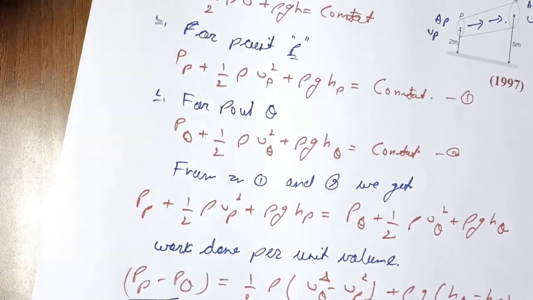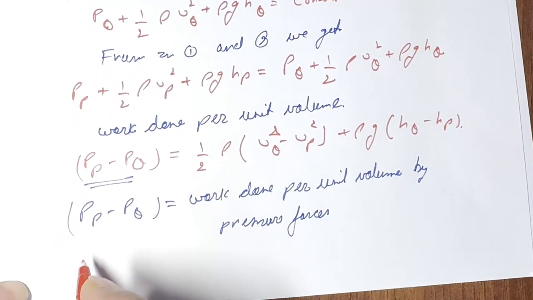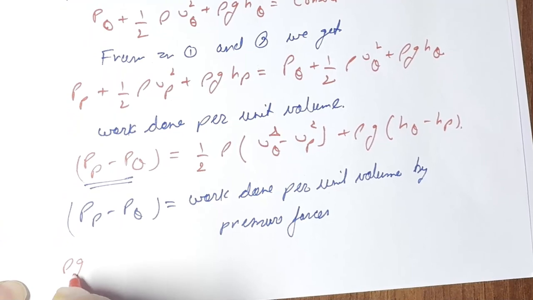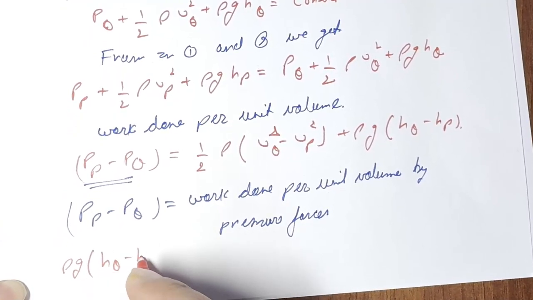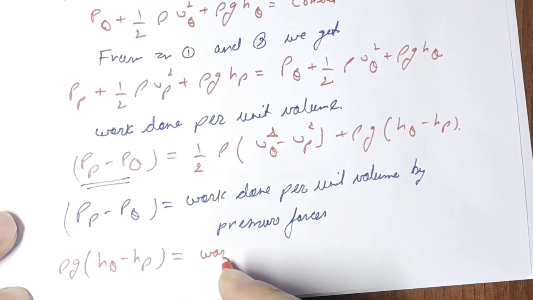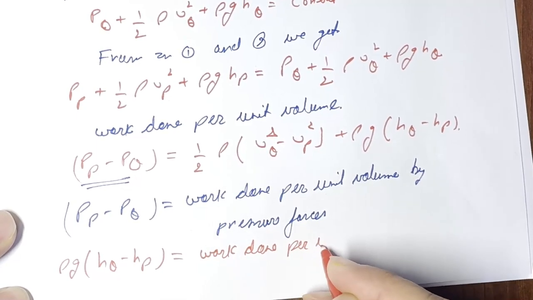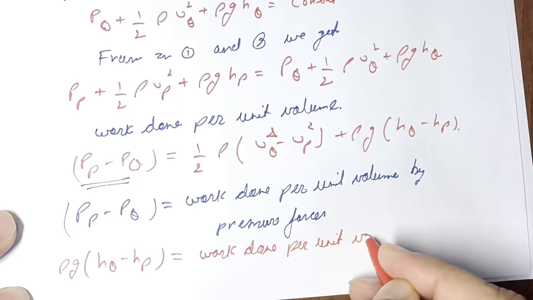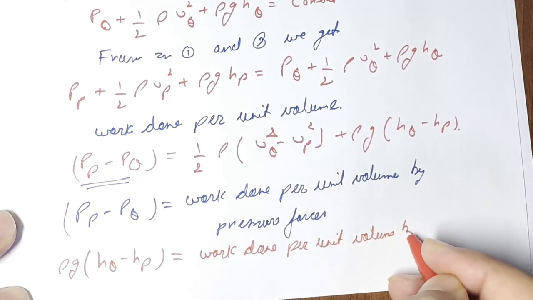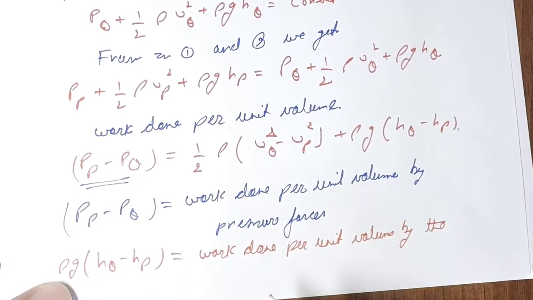And the second part is by the gravity forces. So you can say that rho g times HQ minus HP is equal to the work done per unit volume by the gravity forces.